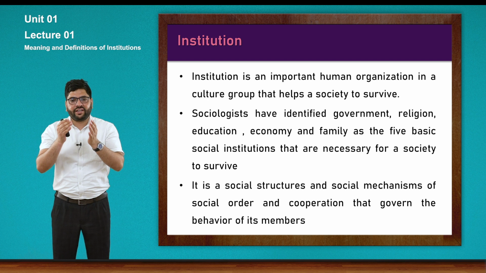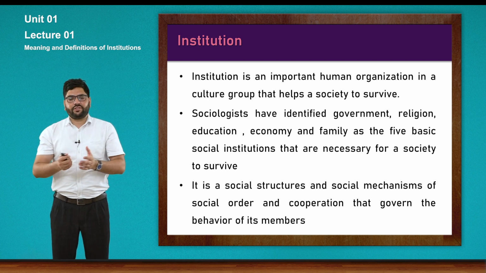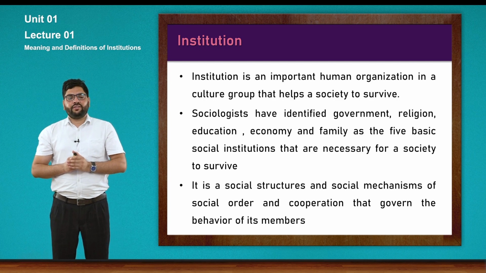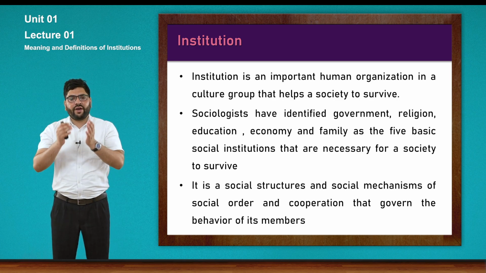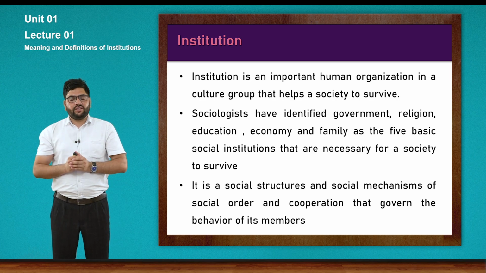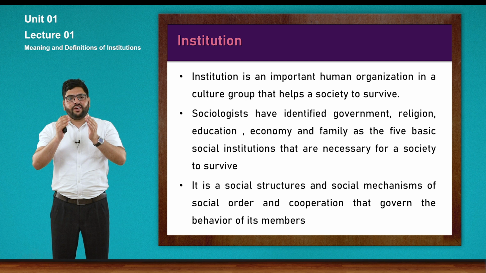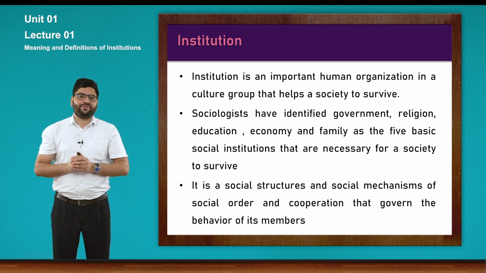They have identified the state, they have identified the religion, they have identified education, they have identified economy, and they have identified the family as the 5 basic institutions that are necessary for a society to survive.